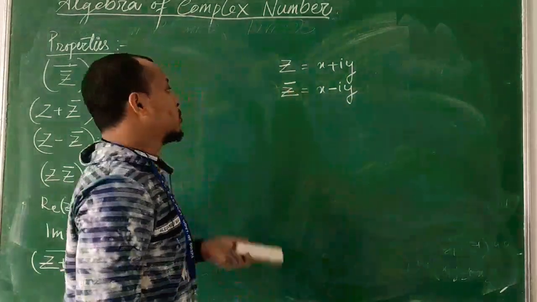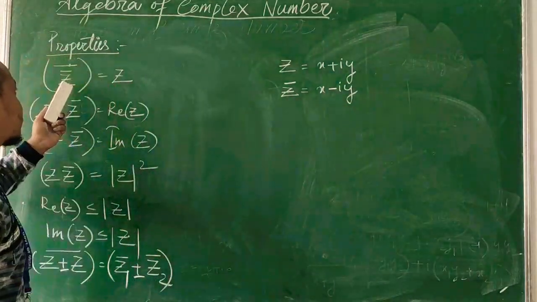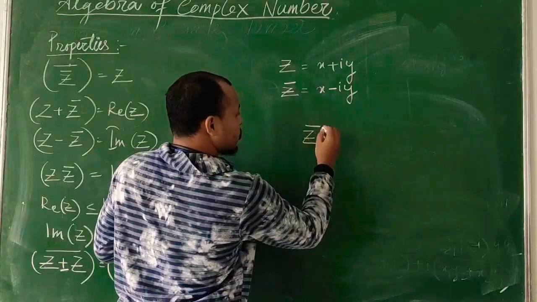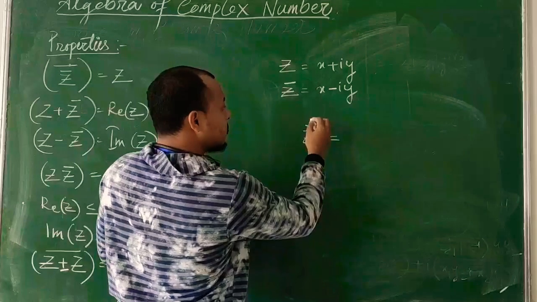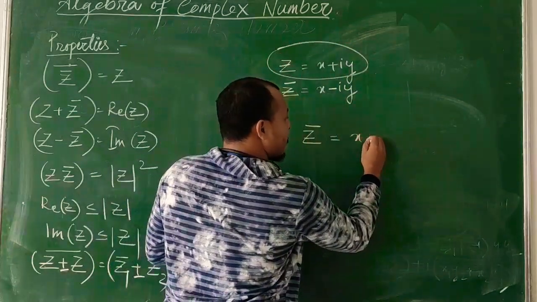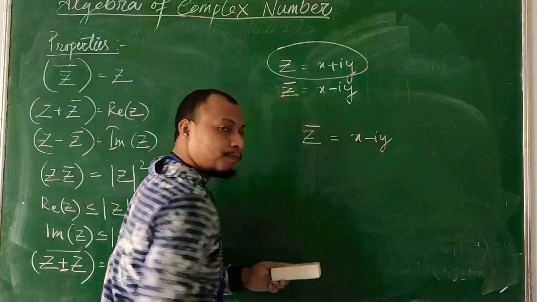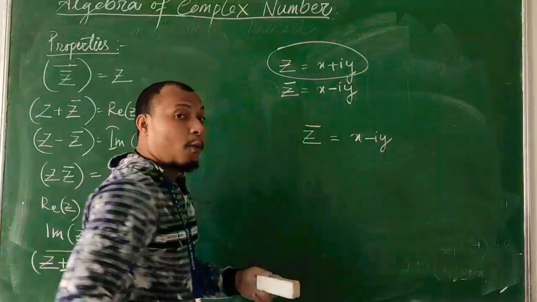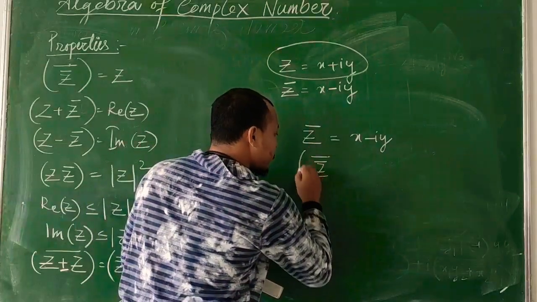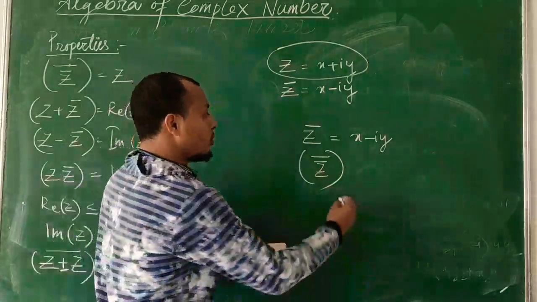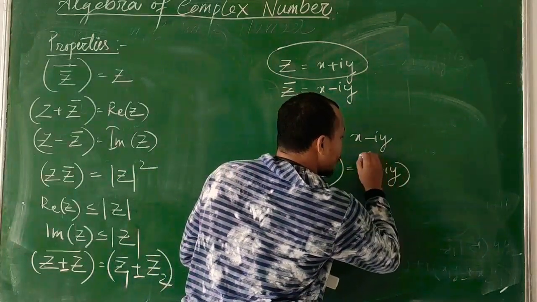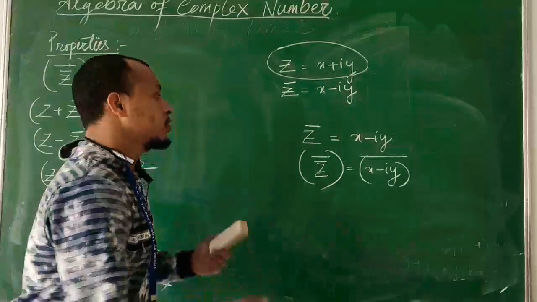So z conjugate is x minus iy. What if we do conjugate again? The conjugate of conjugate will become the conjugate of x minus iy.